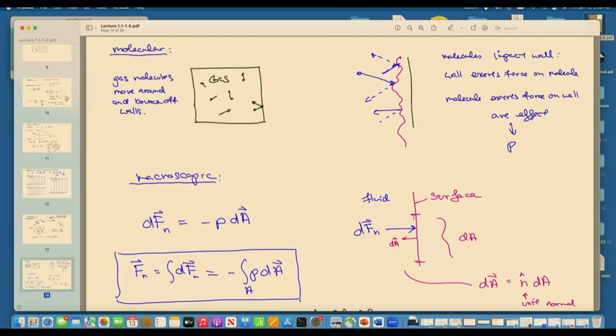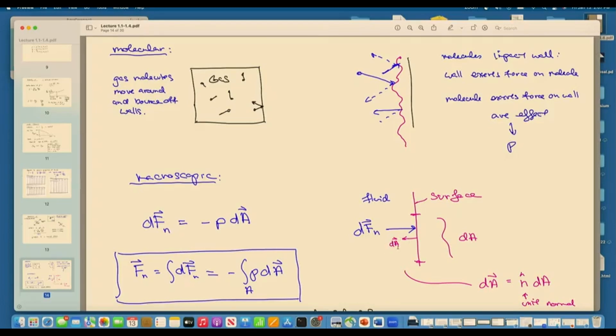And you know that areas are defined by their outward normal. So an area is a vector. The direction is indicated by its outward normal. If we're looking at this surface here, it would be the inner surface inside the container. So its outward normal would be to the left, right? And that's a vector, the differential quantity, dA.